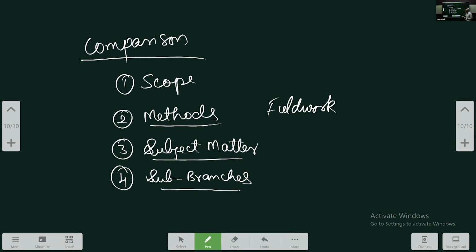Whereas in sociology, the sub-branches are not so clear-cut and distinct. And in terms of subject matter, both are trying to do holistic study. That is, both are whole sciences, not part sciences. They're trying to understand society or man in the complete sense, political, economic, social, and so on. So both share that framework.